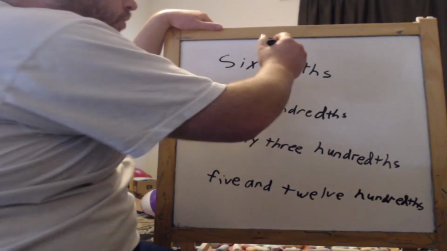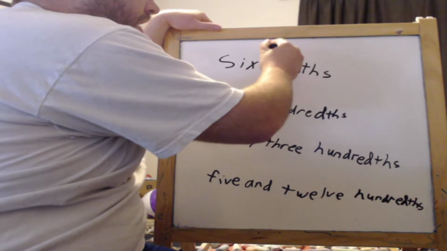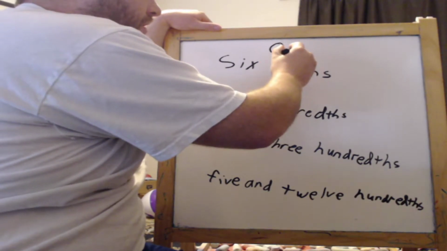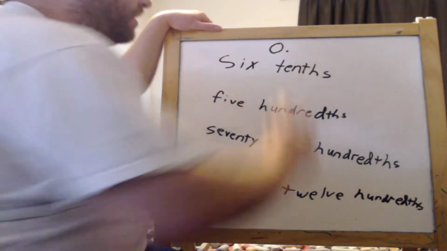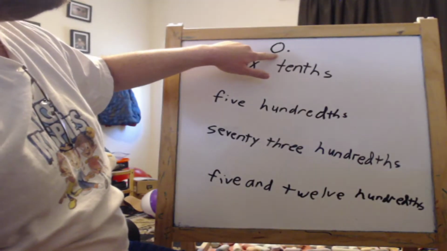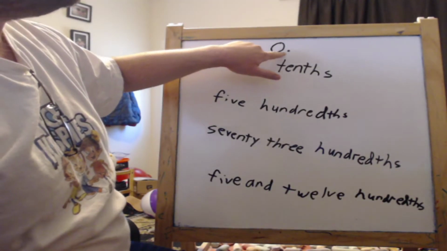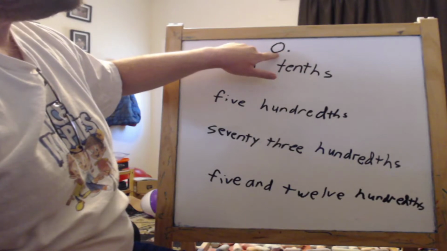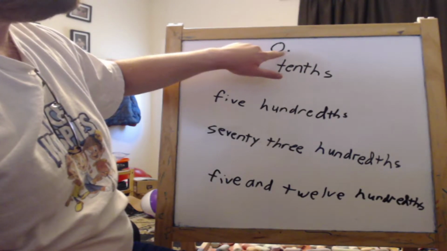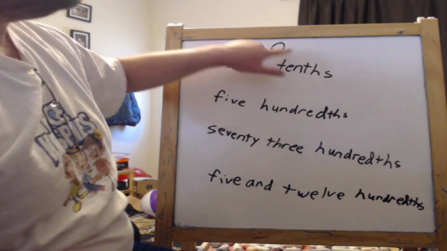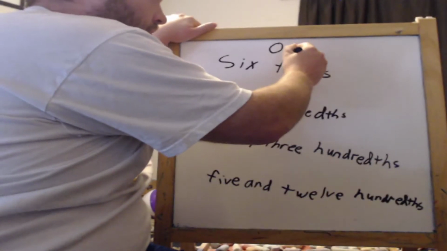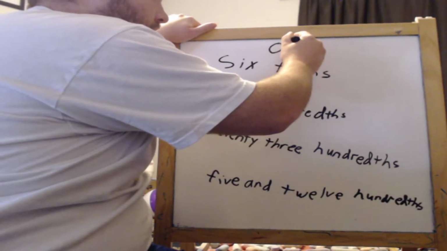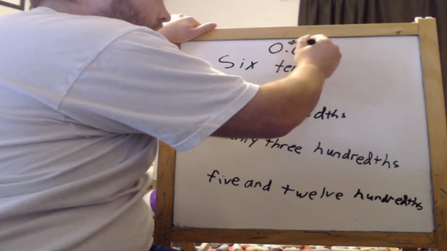First, I just want to go over decimal form again. So let's say we're at 0. This is the ones column. This is the decimal. Then the first one is tenths.